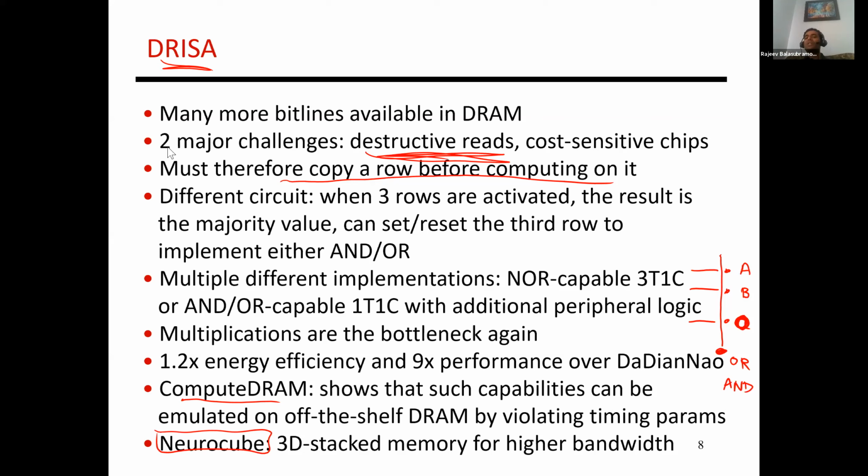And so we are essentially setting the third cell to a value that then allows us to implement an AND or an OR. So majority of 0, A, and B gives me an AND. Majority of 1, A, and B gives me an OR. So that's essentially what's happening there. But yes, the wire is operating not as an AND, but as a majority extractor.